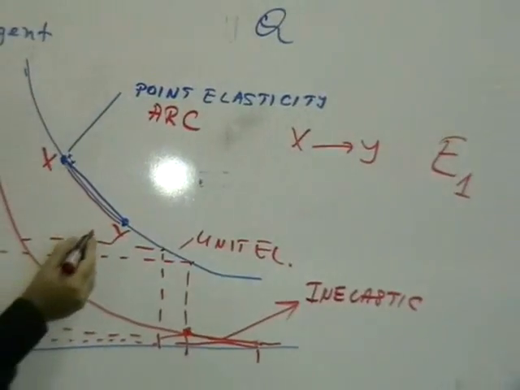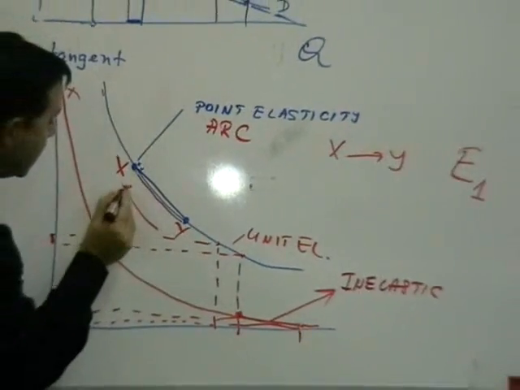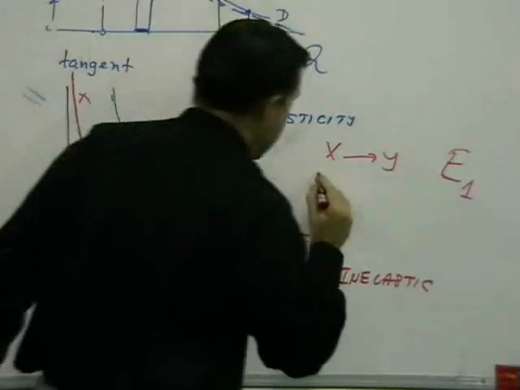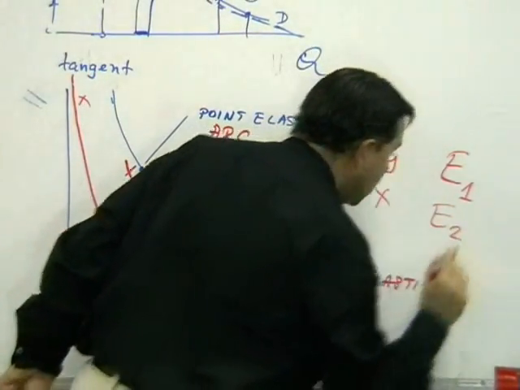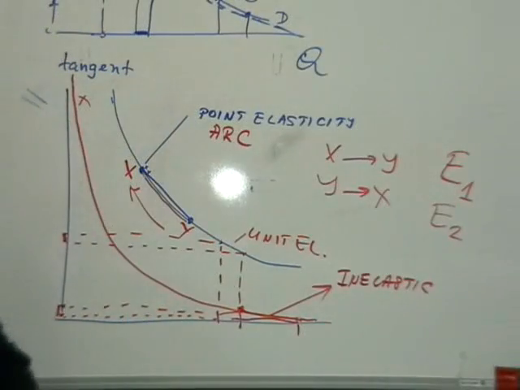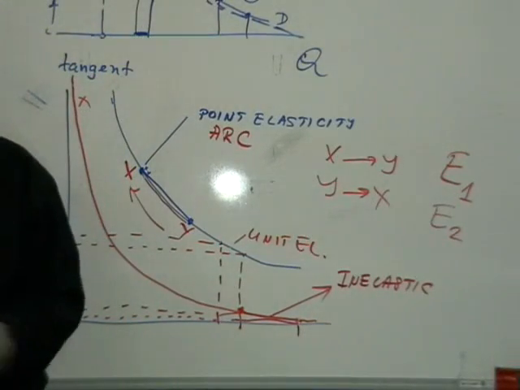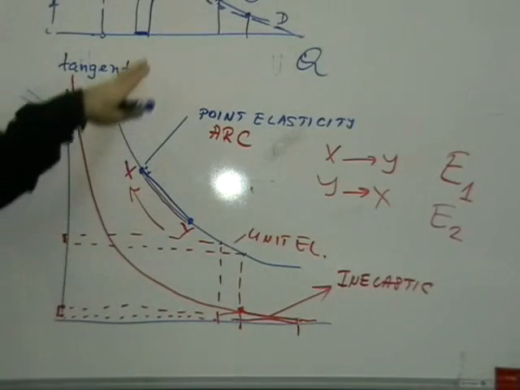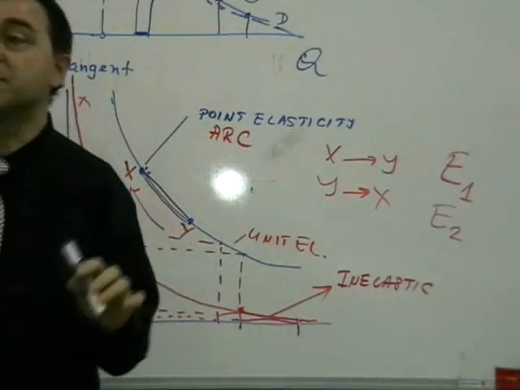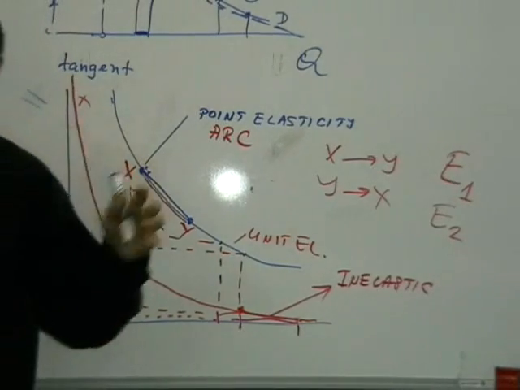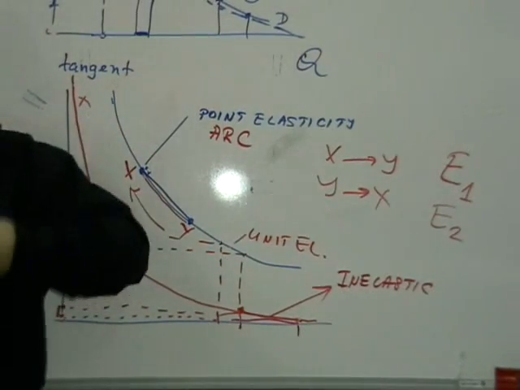And if you're computing from Y to X, you will be getting a very different elasticity, okay? A lot of times, I omitted to mention, demand elasticity will always be negative.